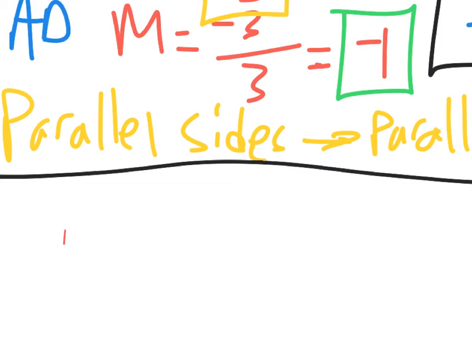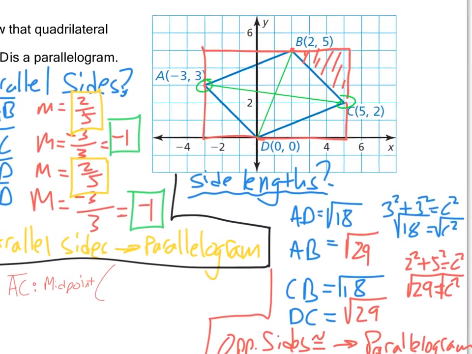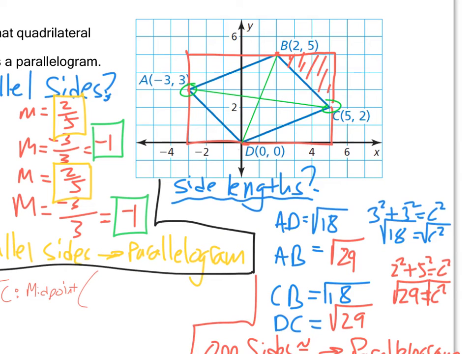Okay, so if we look at AC, the midpoint, remember for the midpoint, we average the x's and average the y's. So we're going to look at those coordinates. The x's are -3 and 5. Okay, so let's average those x's. So we're going to go -3 plus 5 divided by 2.